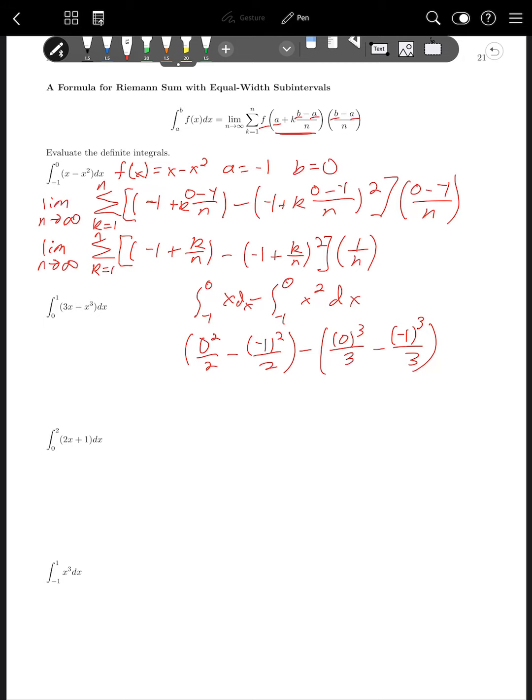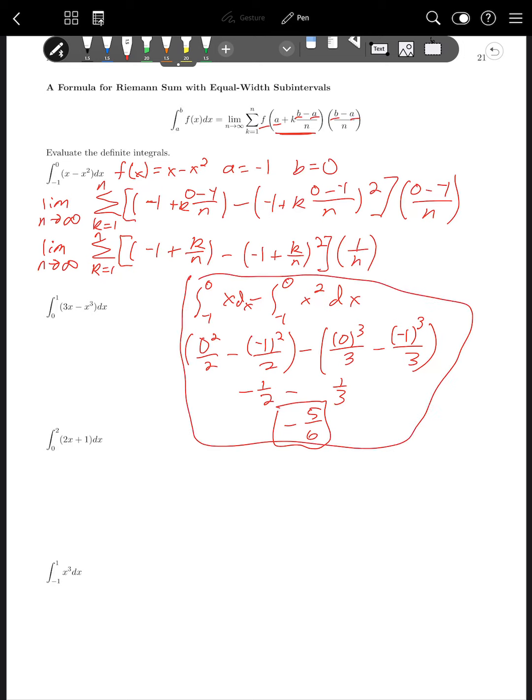So in this case, this would be negative 1/2 minus negative 1/3. Minus, that's going to end up being positive 1/3, so minus 1/3, which is negative 5/6.